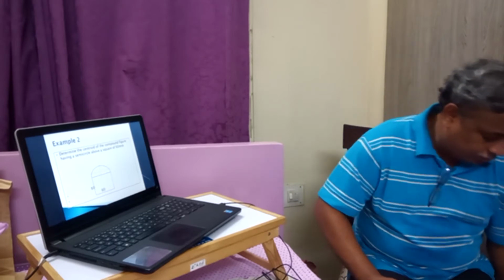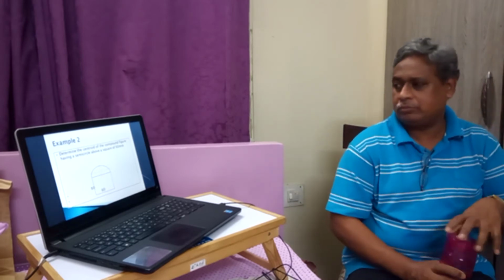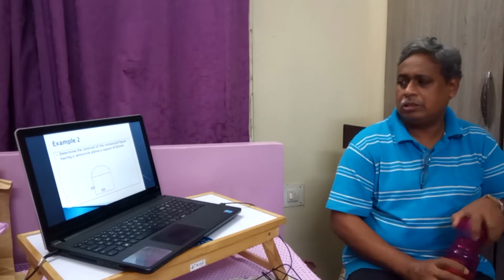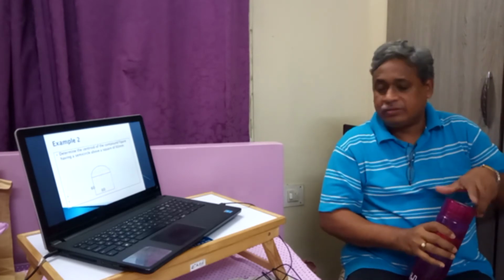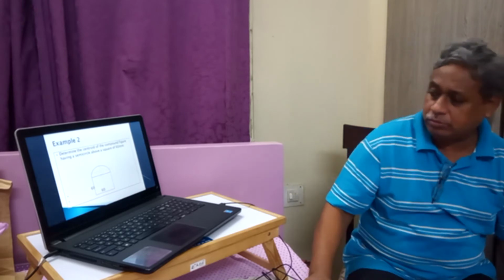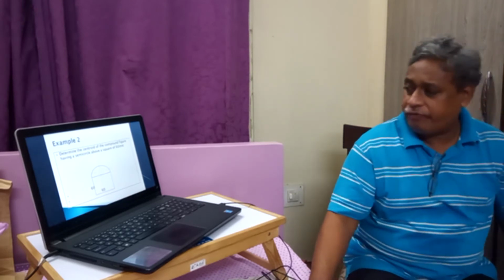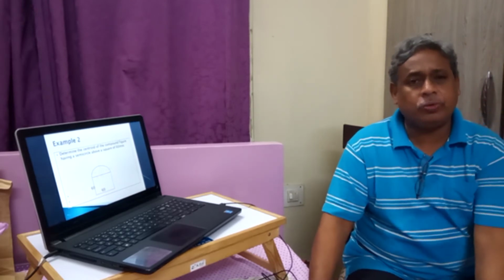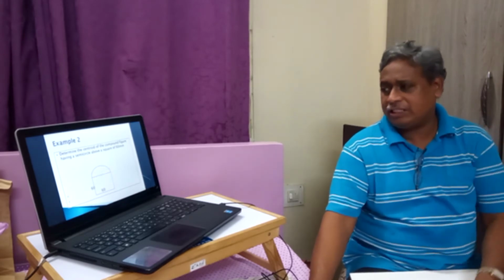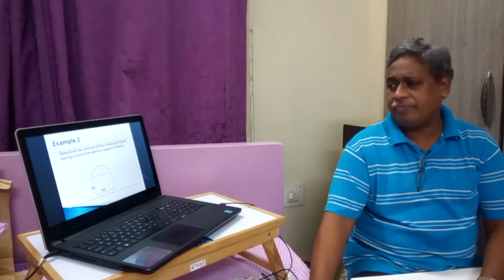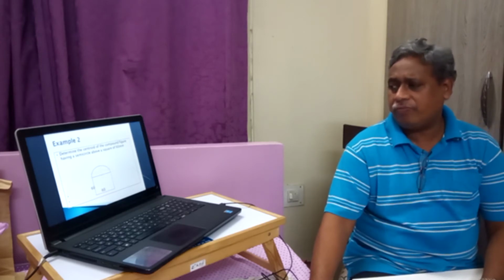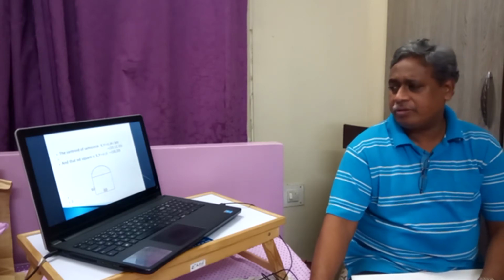In this case, this figure can be divided into two parts. The first part is the 60 by 60 square, and the second part is the semicircle of radius 30.